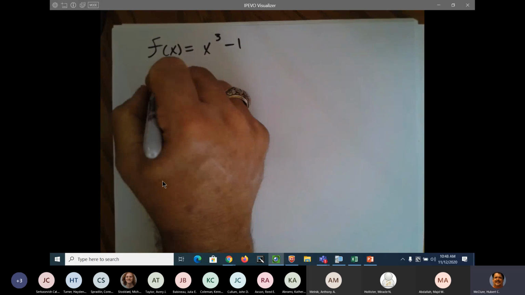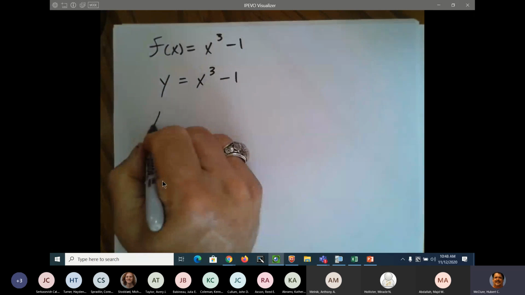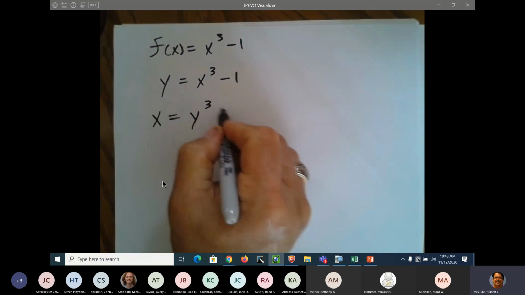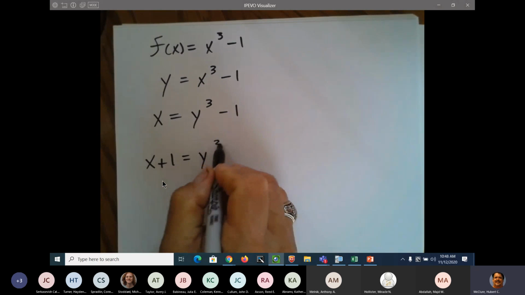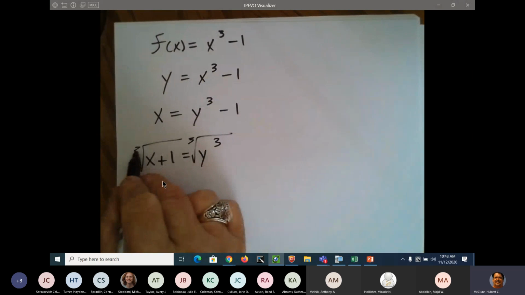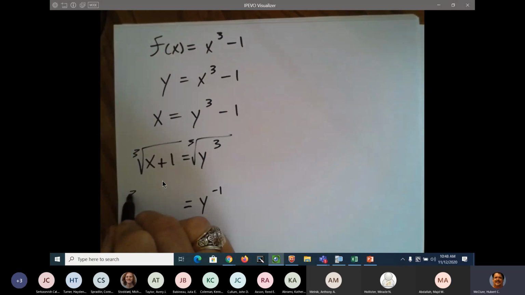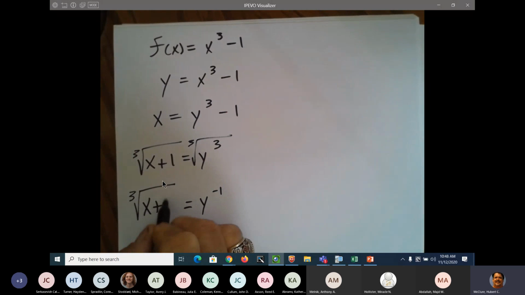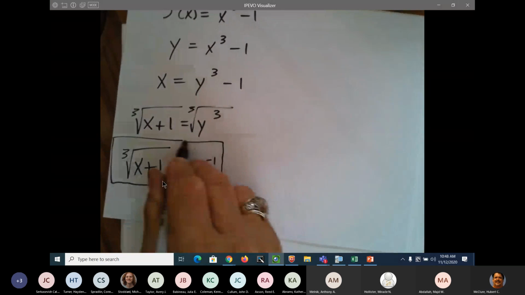So y is equal to x cubed minus 1. X is equal to y cubed minus 1. X plus 1 is equal to y cubed. Take cube root, take cube root. So y inverse is equal to the cube root of x plus 1. So it does have an inverse.